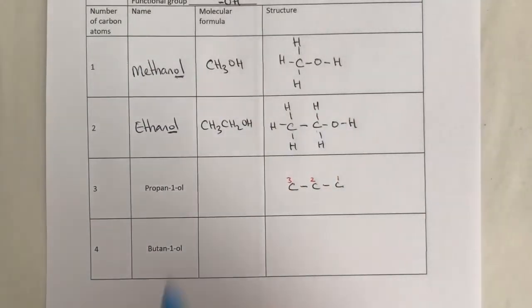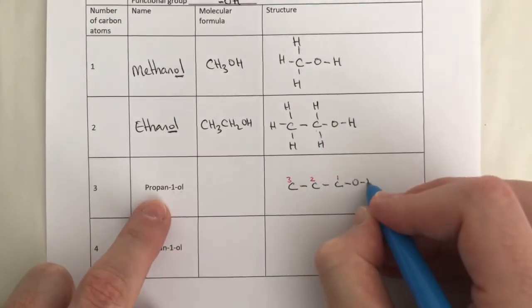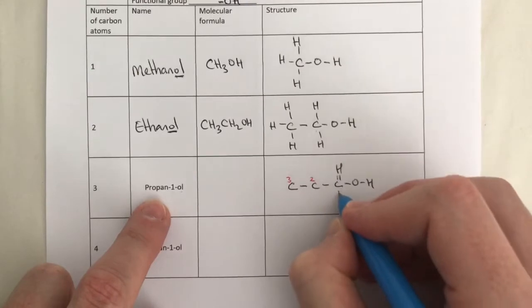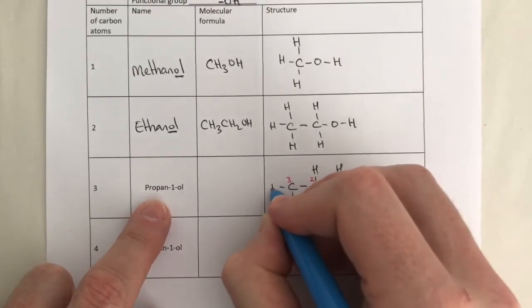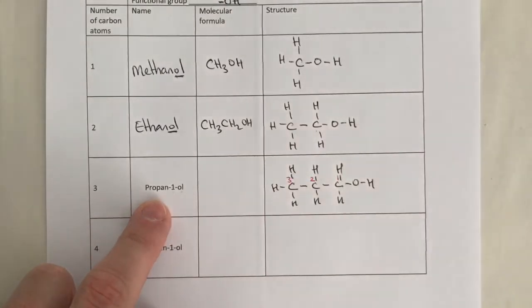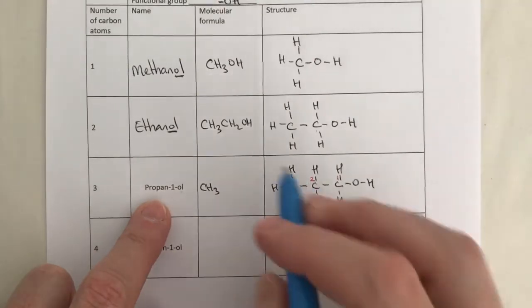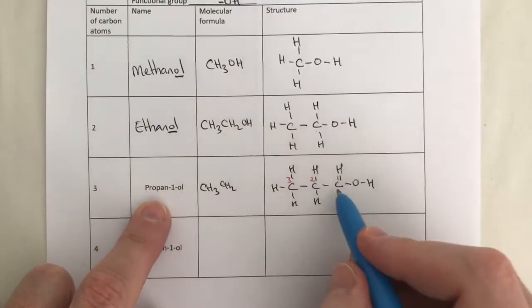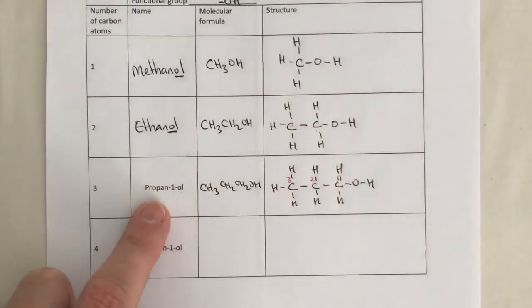On carbon number 1 is my OH group, and then you put your H's on, making sure that you've got 4 bonds on every single carbon. The formula is CH3CH2CH2OH, with the OH attached to the last CH2.